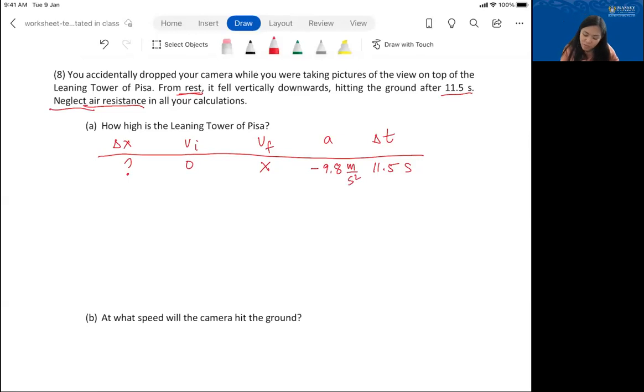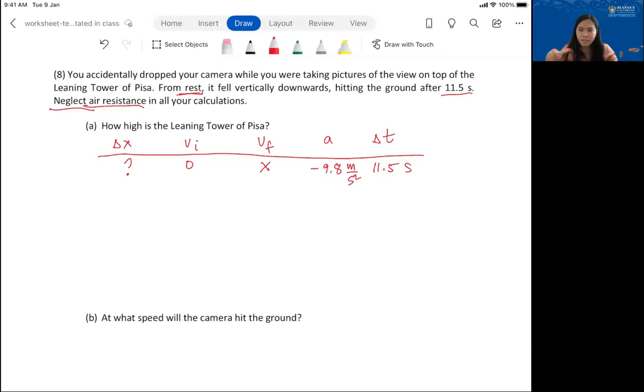Okay, so it's very common when you look at the practice test, free fall problems will almost definitely always be there, because first we want to test whether you can pick out that the problem is a free fall problem, and then from there we want to test whether, if you know that in free fall the acceleration should be always negative 9.8 meters per second squared.